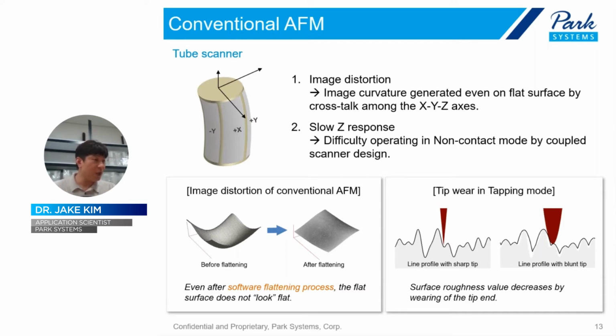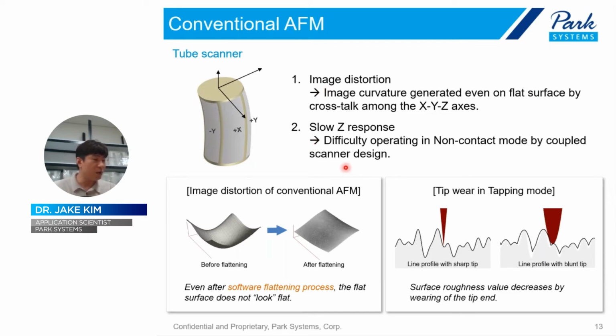In conventional AFM, this X, Y, and Z scanner is all in one type, which we call the tube scanner. But this is good, but the main problems of this tube scanner are first image distortion, and also it has some slow Z response.